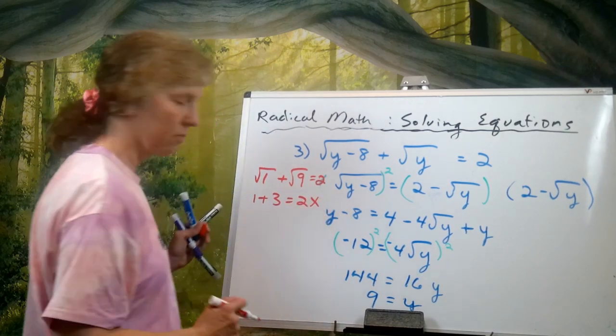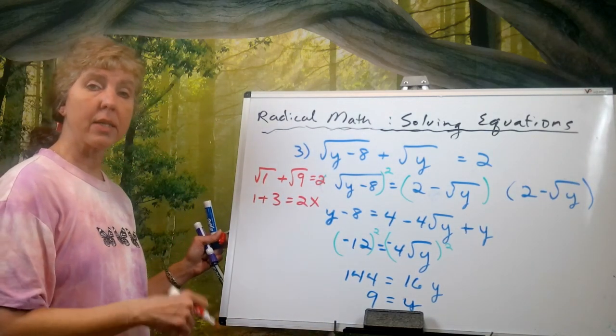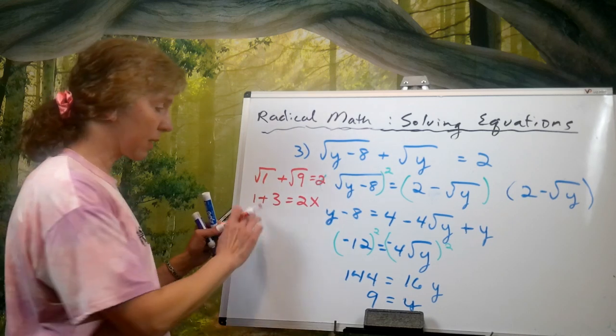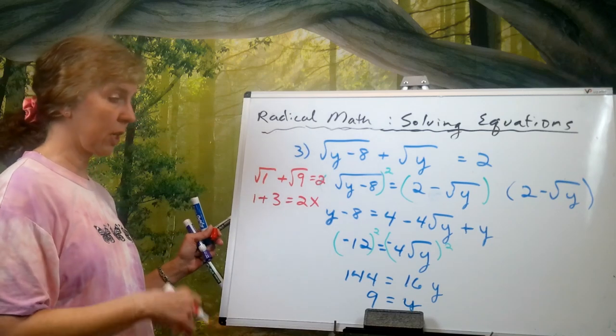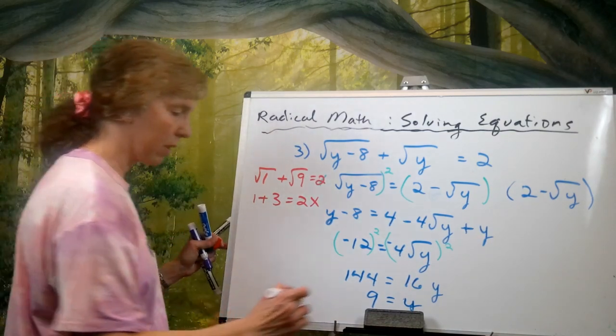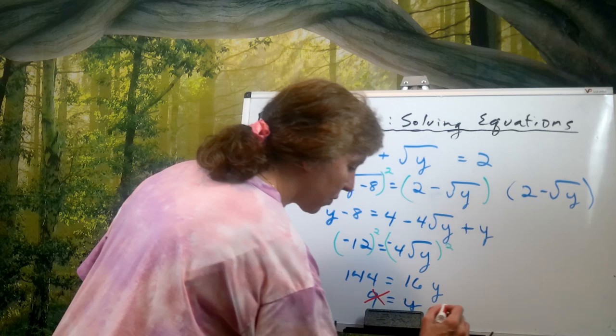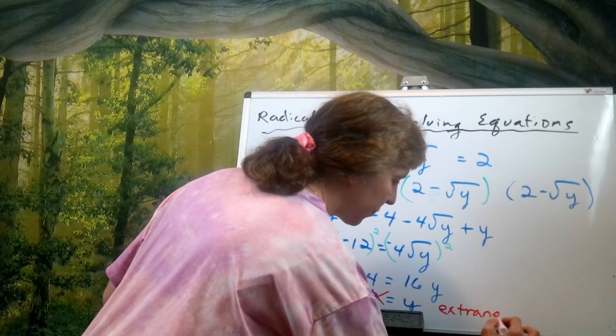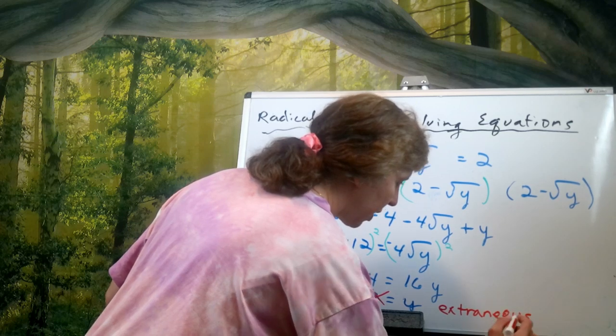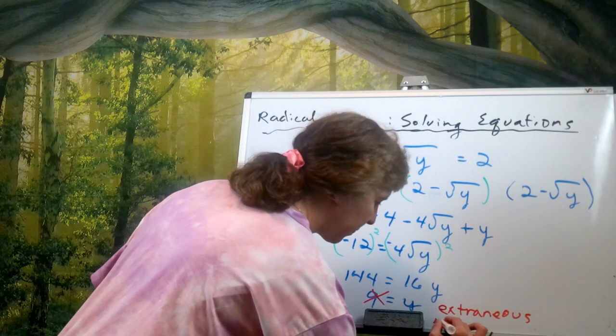I don't think so. But this, again, is clearly an extraneous root, because if it was 1 minus 3, it would be a negative 2. The numbers are matching up. I didn't mess up the algebra. Because this is extraneous, this equation has no solution. So I'm going to say no solution.